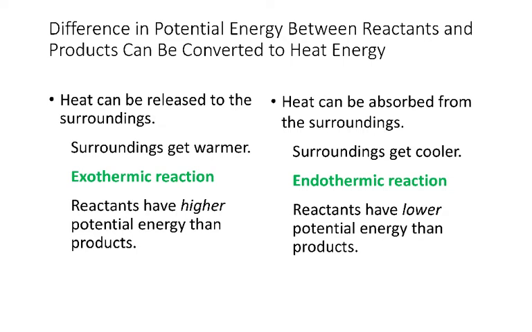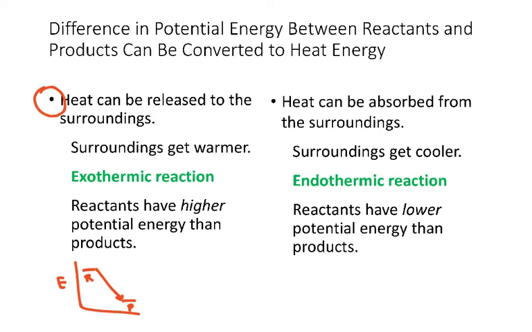So that difference in energy is often converted into heat energy. One thing that can happen, we'll focus on the left first here, is heat can be released to the surroundings. So this would be an example. Here's my reactants, and here's my energy. Products have lower energy than the reactants, so they release energy to the surroundings. The surroundings get warmer.